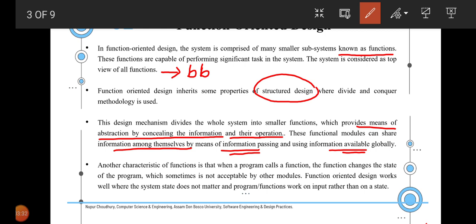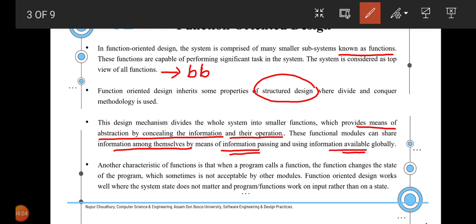So function oriented design greatly promotes abstraction to a level where the different modules, or the functionalities, could be concealed from each other, and the entities within that particular module or function are capable of sharing information or interacting with each other by information passing or using globally available information.